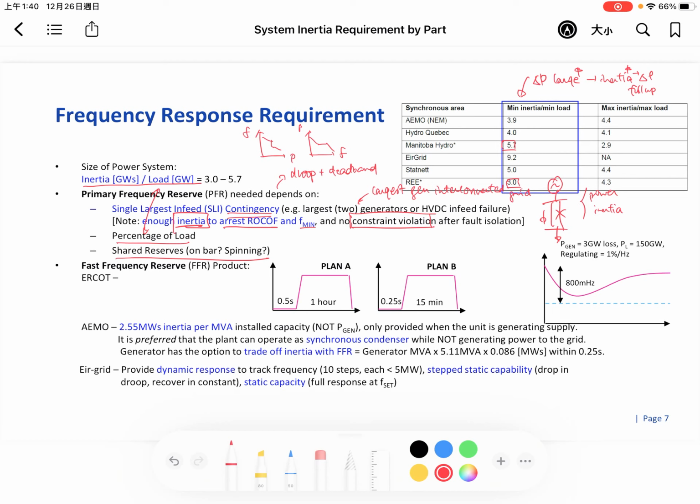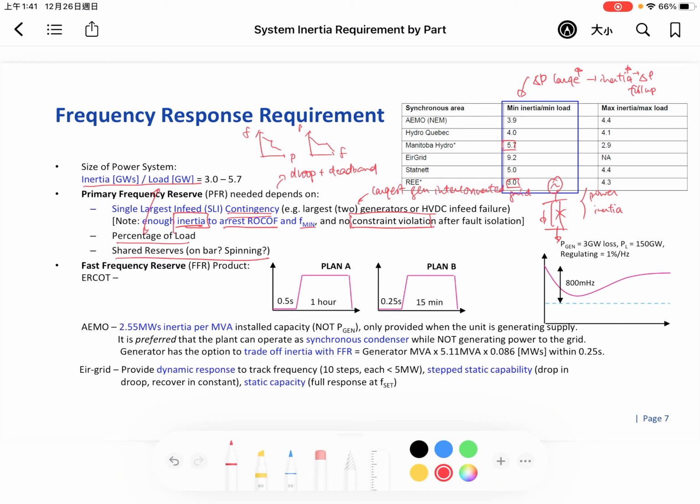It is also the reason why we try to interconnect with other power systems. But it is also a problem that once the system is split, we don't have enough spinning reserve on the grid. That will be a big problem. So the last one is about the fast frequency reserve products.